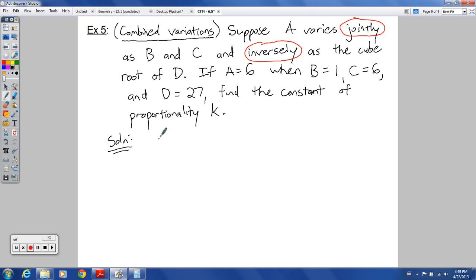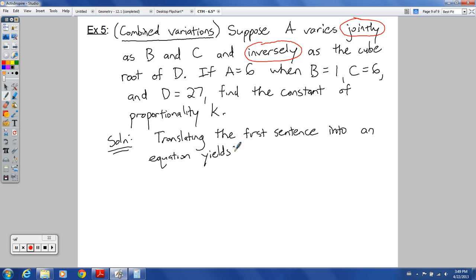So let's write that down, translating the first sentence into an equation. It's going to yield this.